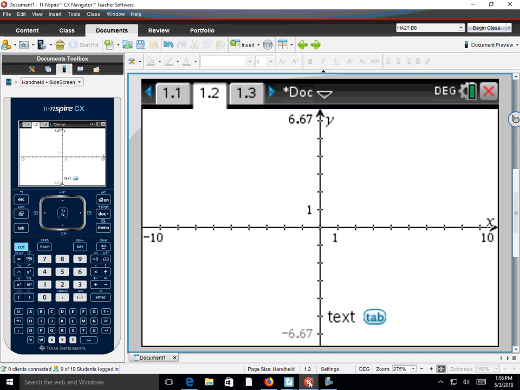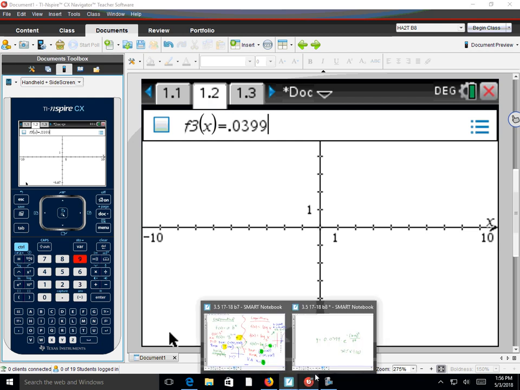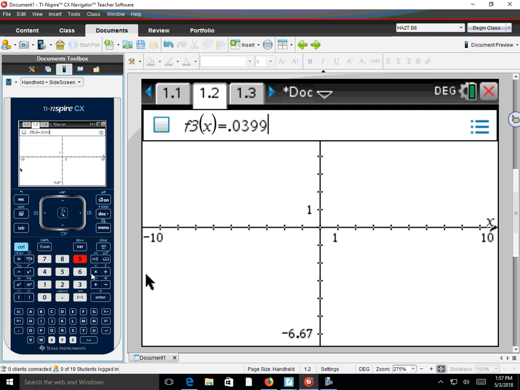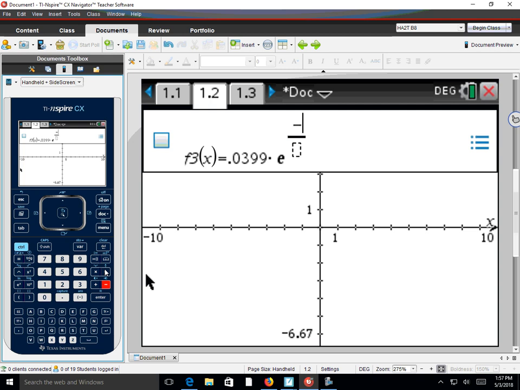That is 0.0399, and then times e to the, I need a fraction template, an opposite, and a parentheses, and x, is it x minus 74?